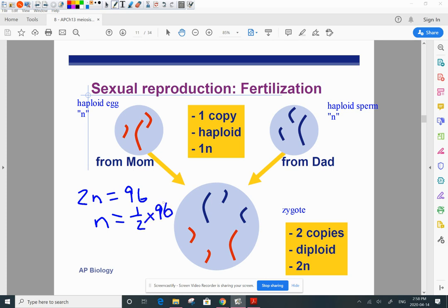You would calculate what half of 96 is, and that would tell you the number of chromosomes in a haploid sperm or egg. So 48 would be the number in that horse or whatever the organism is. And vice versa, if you're given the n number, then you just double it to make the 2n number if you're asked for the ploidy of an organism.